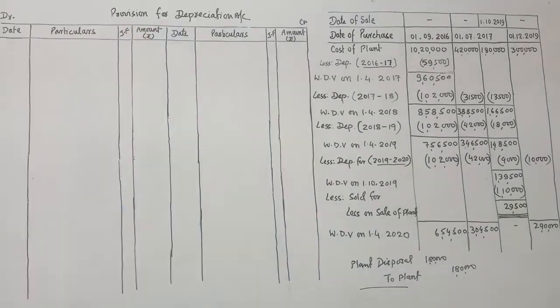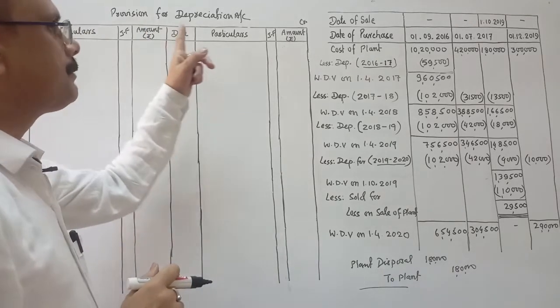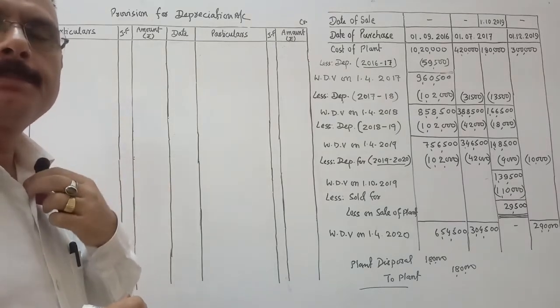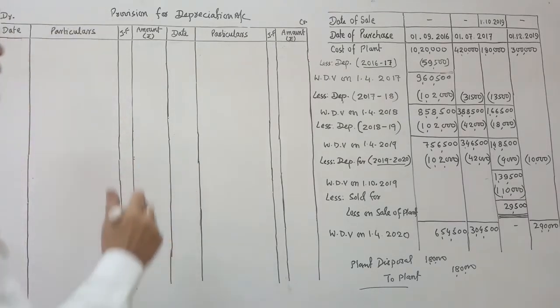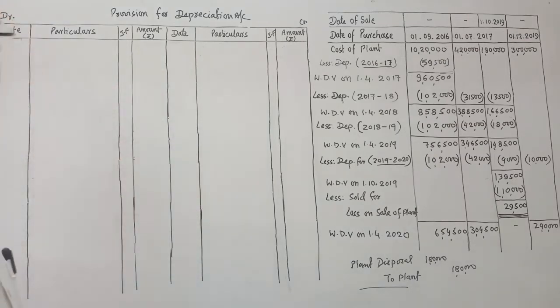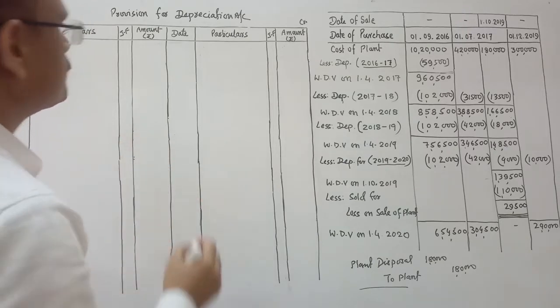Okay. Now the next ledger is the provision for depreciation account. You know the entry for provision for depreciation: depreciation account debit to provision for depreciation.